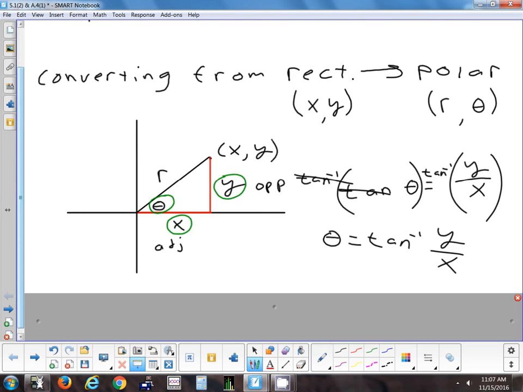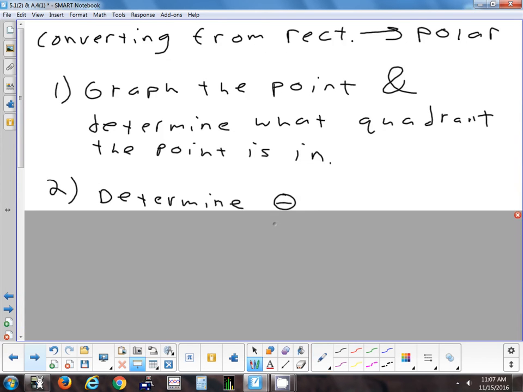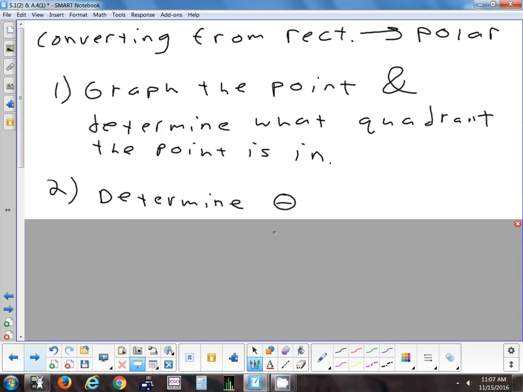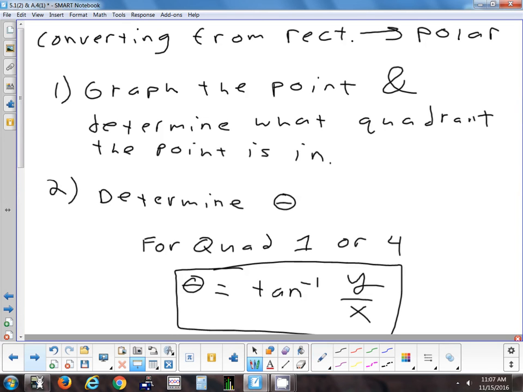Sometimes. So that formula will work fine as long as you are in one of these two quadrants. If you're not, we have to make an adjustment to it. Okay, so it's important that you know what quadrant you're in, because that's going to change your formula for theta slightly. If you're in quadrants 1 or 4, the formula is exactly what we just wrote.